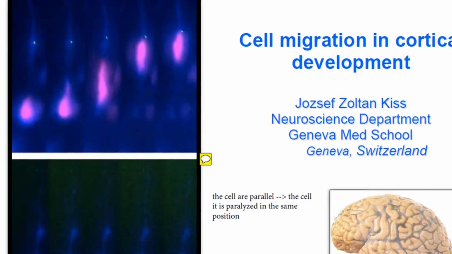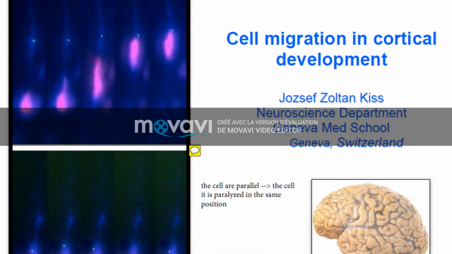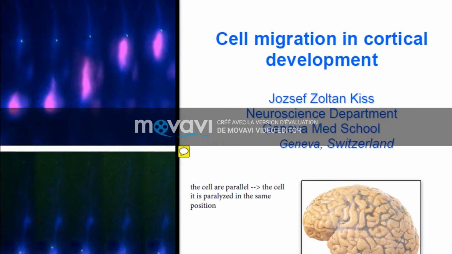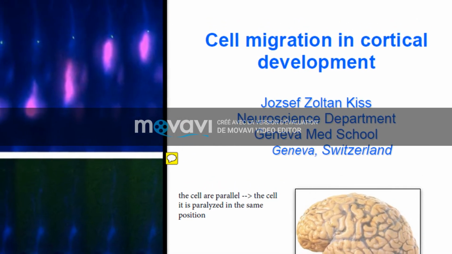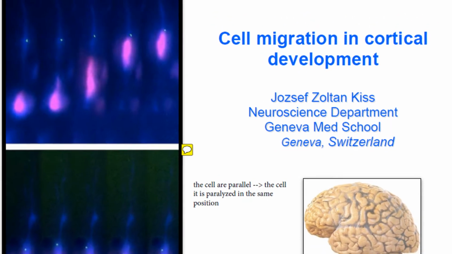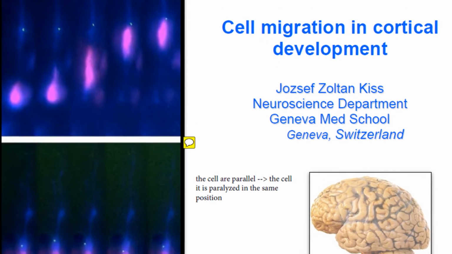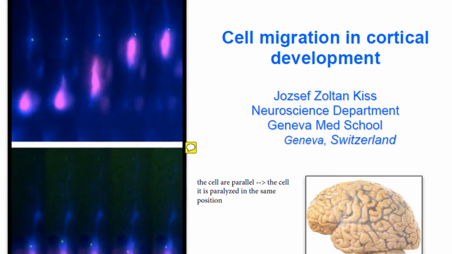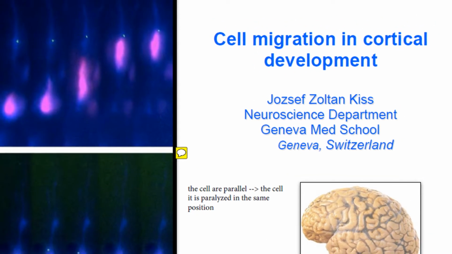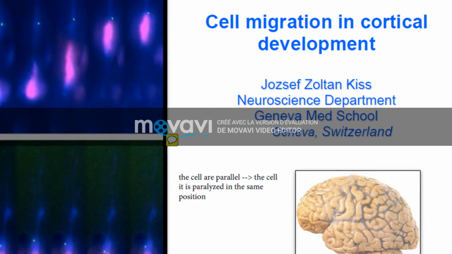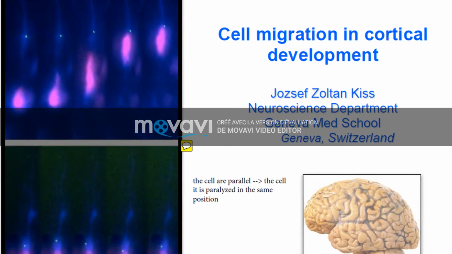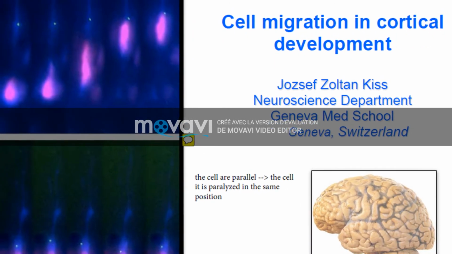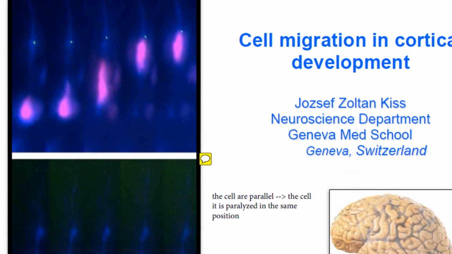And they figured out that this is because they produce a higher concentration of the receptor. And when we get closer to the temporal part of the retina, the concentration of the receptor will be higher and higher and higher. And finally, in this part, this is the highest concentration of receptor in the membrane of the growth cone, while here, in the nasal part, the receptor concentration is very low.